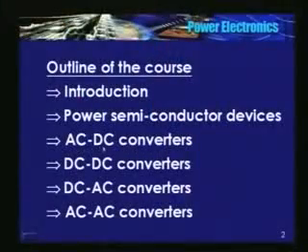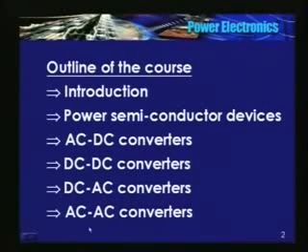Then various circuits in power electronics can be classified into broadly 4 areas. One is input is AC, output is DC. Second one is input is also DC, output is also DC, so DC to DC converters. Third, input is DC, output is AC, DC to AC converters.